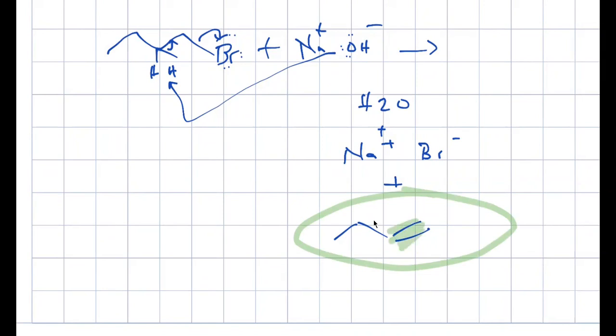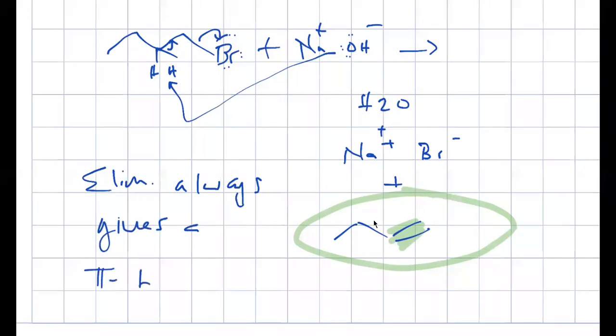Every elimination results in the formation of a pi bond. Anytime you do an elimination, you're going to get a pi bond. All right.